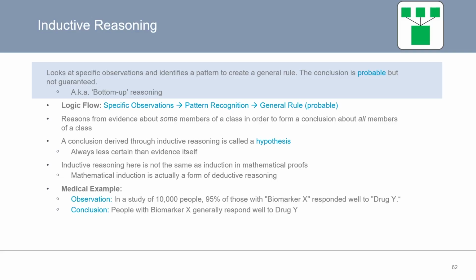A medical example of inductive reasoning might include the observation that in a study of 10,000 people, 95% of those with biomarker X responded well to drug Y. Here, the conclusion or hypothesis is that people with biomarker X generally respond well to drug Y. With respect to AI, inductive reasoning is the foundation of machine learning, which uses a set of specific instances to find useful generalizations.